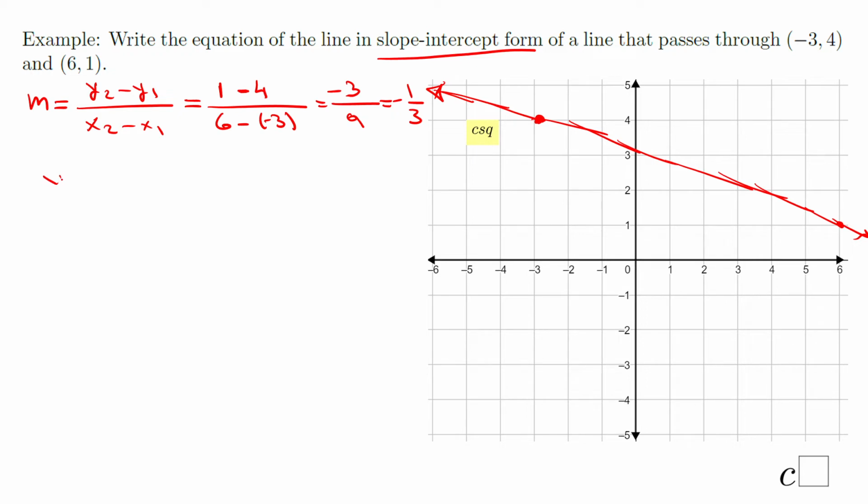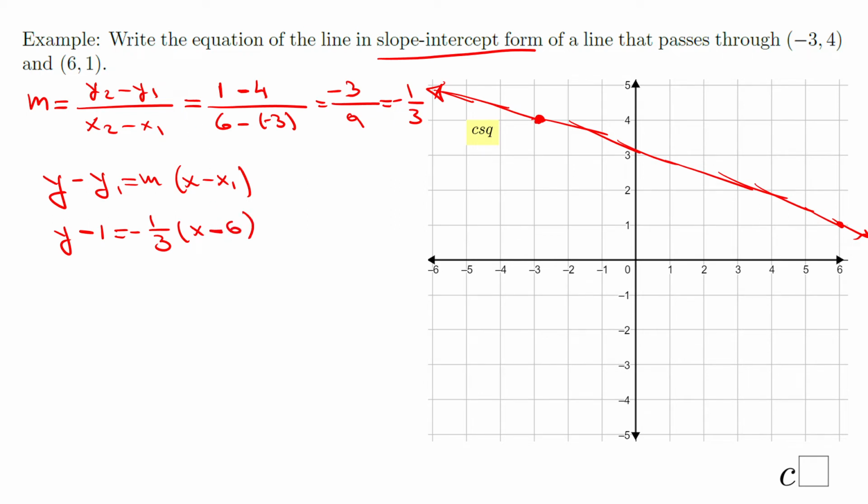Again, we're going to write the point slope form. y minus y1 equals m times x minus x1. And we're going to have here y minus, I'm going to use the second point, 6 and 1. The coordinates are positive. y minus 1 equals negative 1 over 3 times x minus 6.